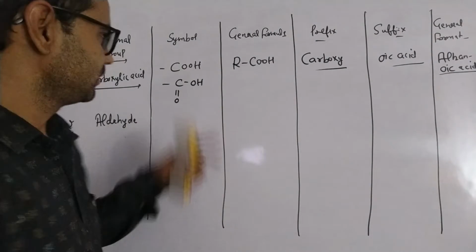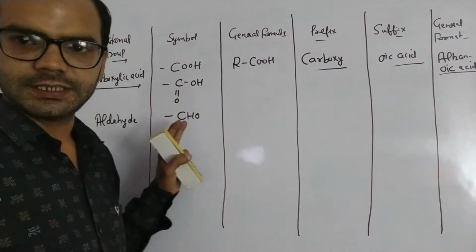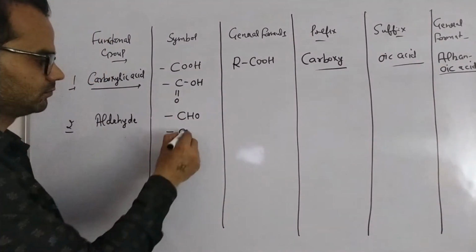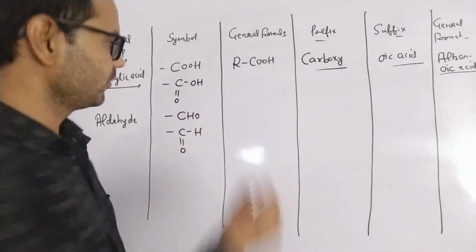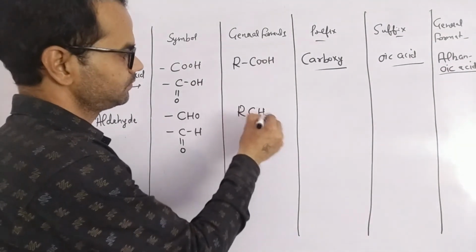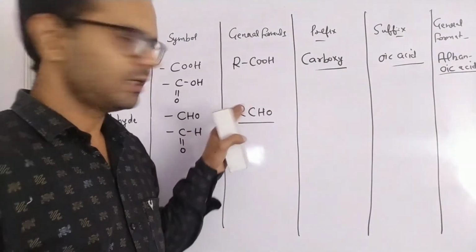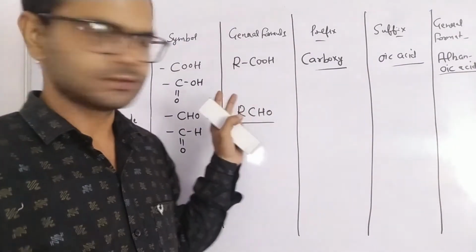Second is aldehyde. Its symbol is CHO and its bonding is C double bond O, H. General formula RCHO. R again is any alkyl group containing 2, 3, 4, 5, 6 carbons.